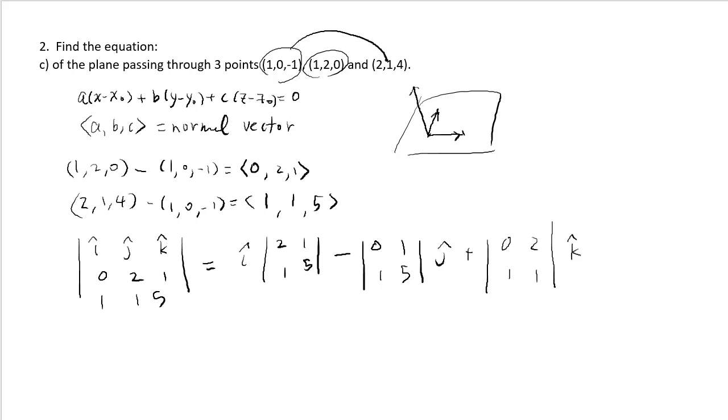Then it's 10 minus 1, which is 9i. This is 0 minus 1, but there's a minus, so it's plus j. And this is 0 minus 2, so it's negative 2. So that's the vector. That's your normal vector. You should write this in notation not using ijk: it's 9, 1, negative 2. That's your normal vector.